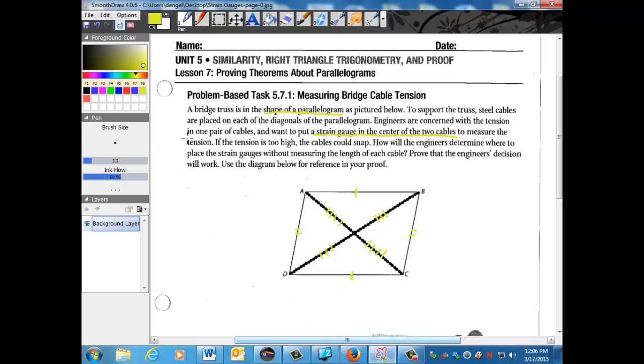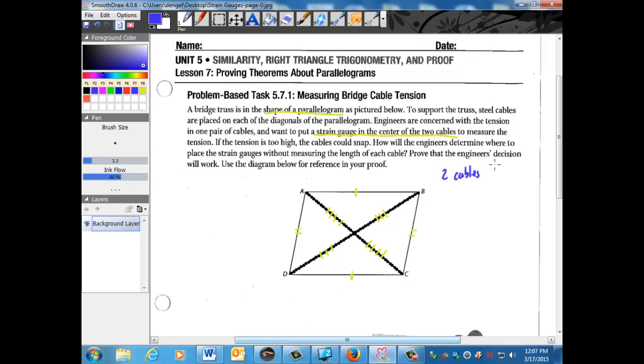Now, even if you don't know what a strain gauge is, and I have to be honest, I don't know what it is, what it's saying is that we're going to put this thing, let's call it S for strain gauge, in the center of our two cables. We just got done saying that the two cables were the diagonals, right?